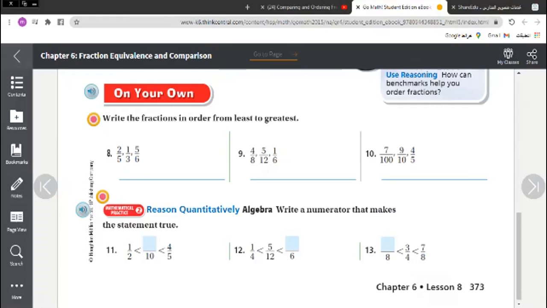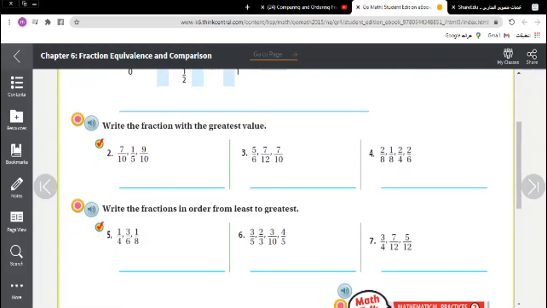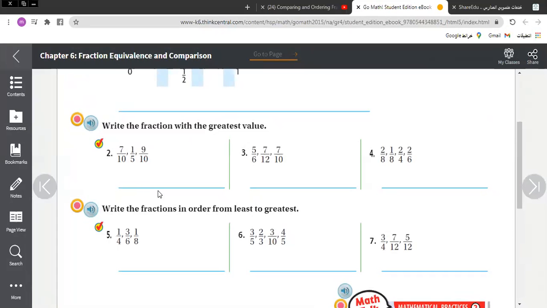Faisal, ready? Yeah. Okay, look. Can you see this page? 373? But the screen is not really clear. Can you tell me again what's the page so I can open it? 373. Okay. Is it clear now? Yeah, now it's more clear.